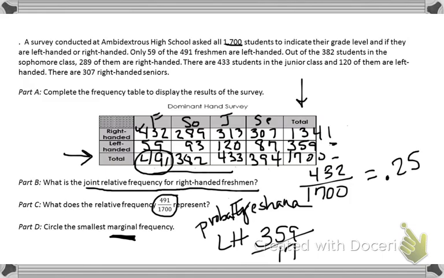So we're going to find our relative frequency by dividing that by 1,700. So 359 divided by 1,700 is our marginal relative frequency of 0.21. So, again, if you are finding your relative frequencies, you're just dividing.